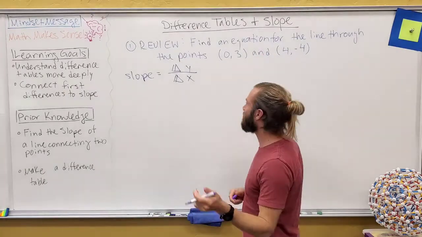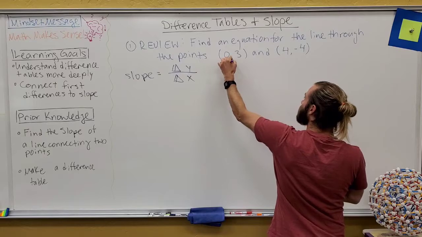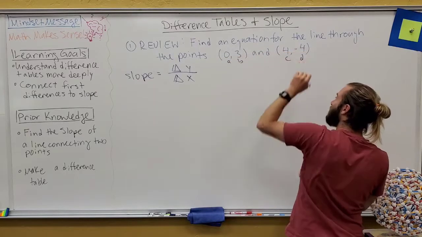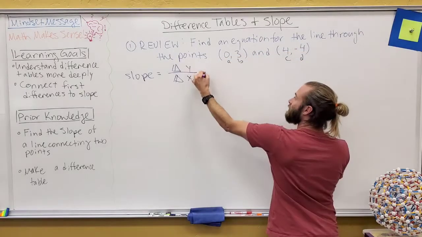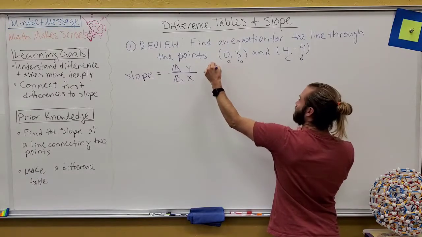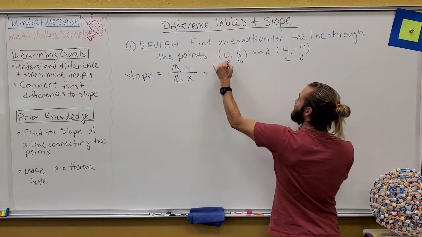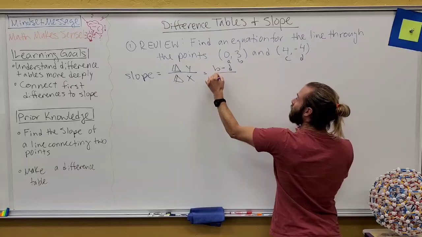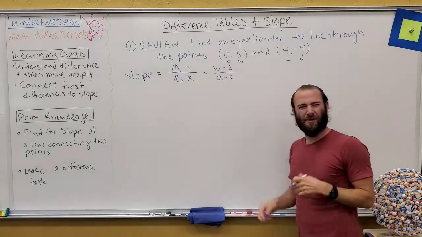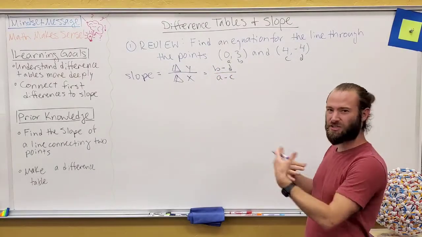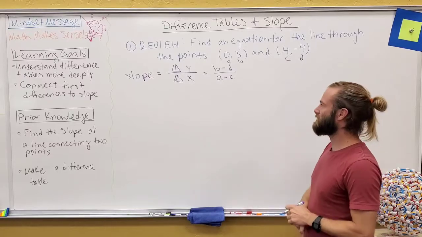You could also do something that you've often learned before. If this was A and B and C and D, you could just say it's equal to B minus D over A minus C. Or maybe you've seen it as x1, y1, x2, y2. All the above are the same thing.